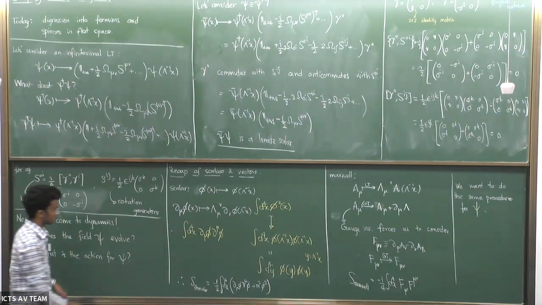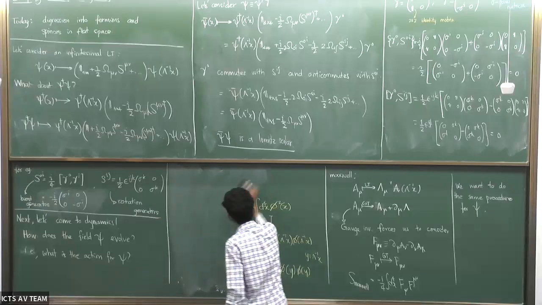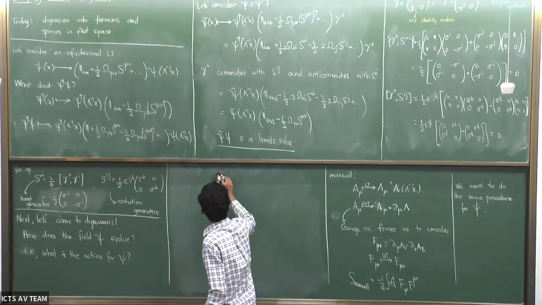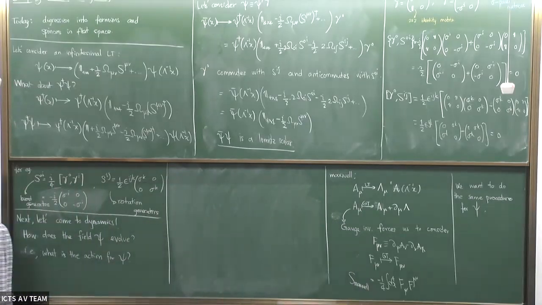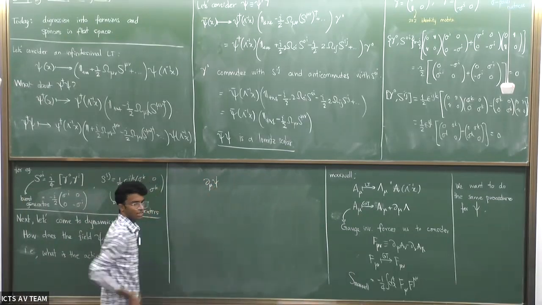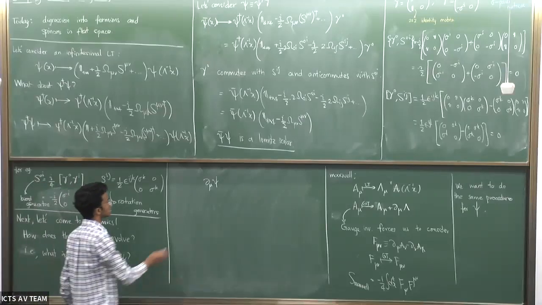I'll leave that there, I erase this. So I want some term which has a del mu psi. But obviously in the Lagrangian, you should not have indices hanging around. So just to get rid of that index, let me put a gamma mu.